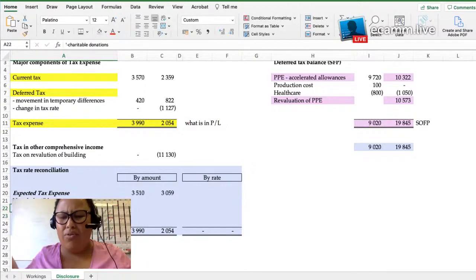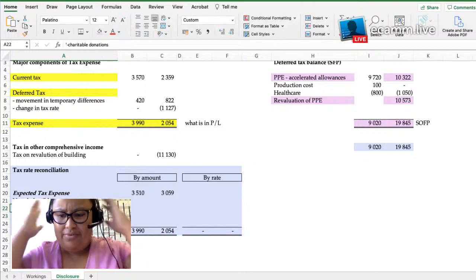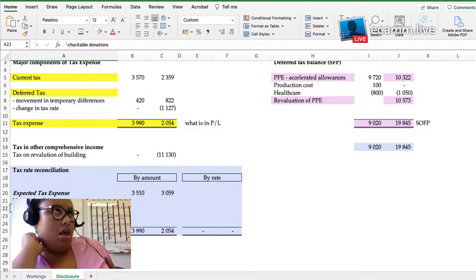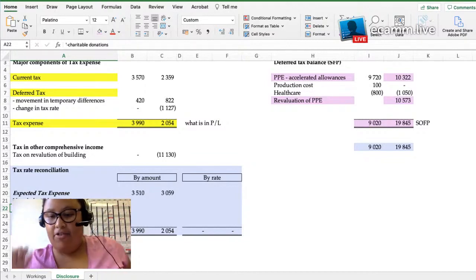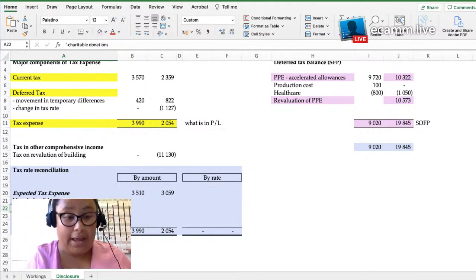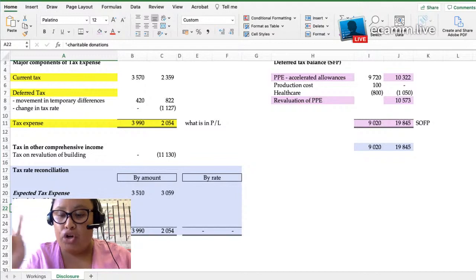Now, in South Africa, if you're donating to an approved organization, section 18, I forget, then you would get a deduction. But remember, this is now the example, so the charitable donations were not allowed.